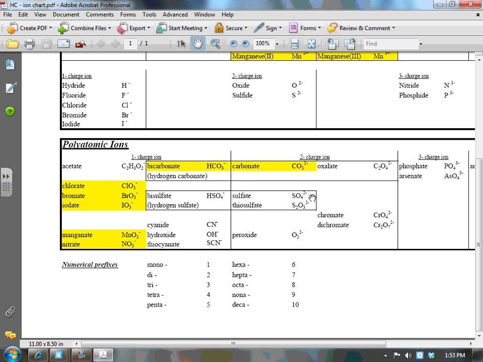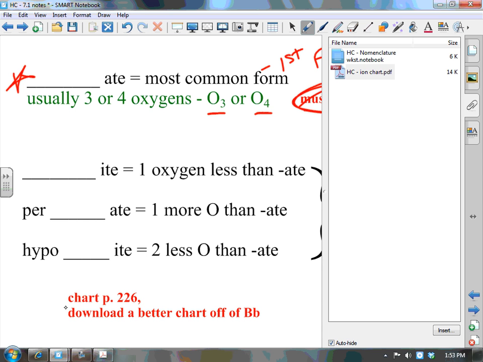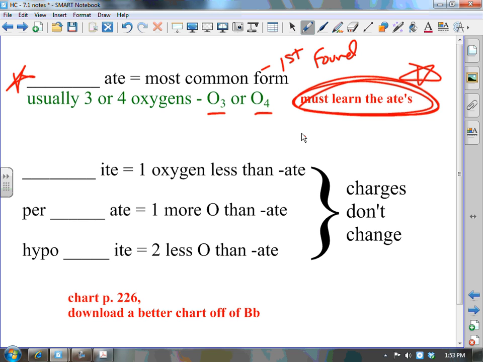Well, if you notice, everything has the ending -ate. These are the ones you've got to learn, because if you know the -ate, then everything else does fall into the pattern. If we know that -ate, and then we see something that has the ending -ite, I-T-E, that means there's one less oxygen than what the -ate has.